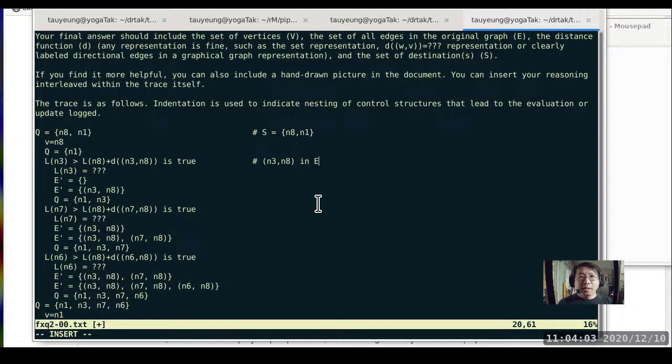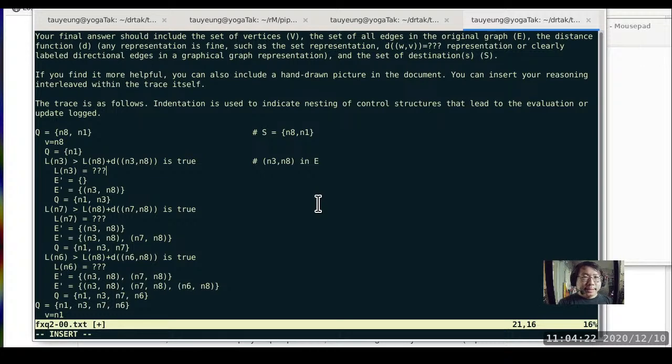We know that N3, as a vertex, is only one edge away from the destination vertex N8. That is rather helpful. And then there's a whole lot of question marks.